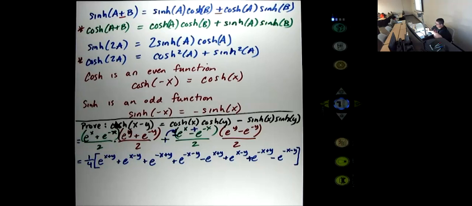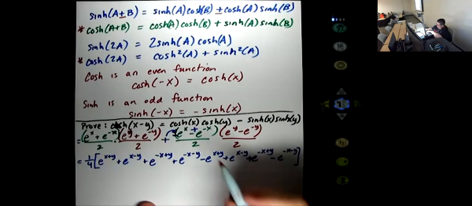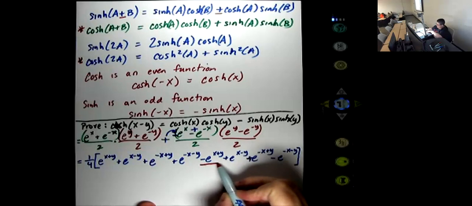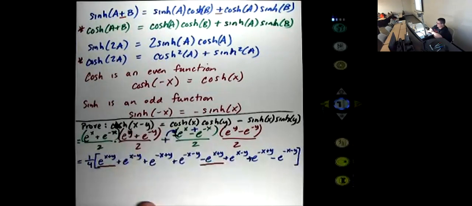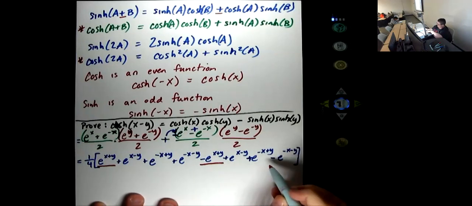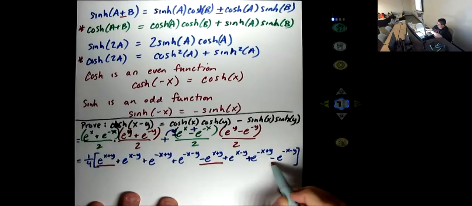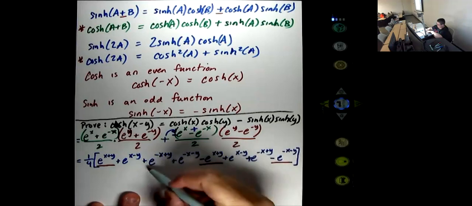So I've got some things that are negative. I've got a negative e to the x plus y. That's going to cancel the positive e to the x plus y. And I've got negative e to the x minus y, and so I need the positive one. That one cancels.